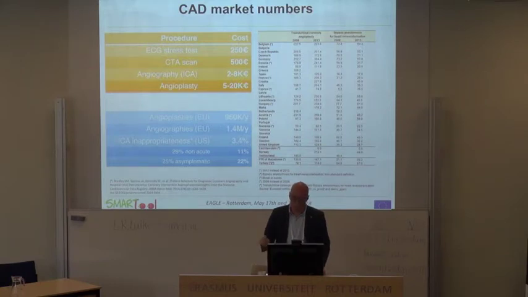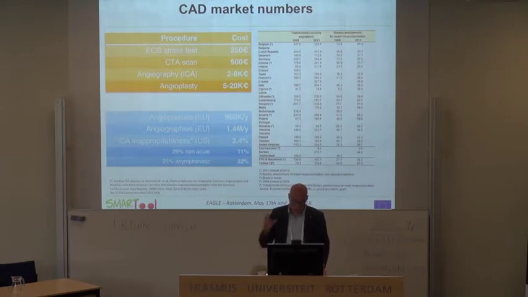That doesn't seem a big number, but when you compare the cost of a CTA scan that can rule out patients that don't need angiography to the cost of an angiography, you can see that this is a very big cost-saving opportunity here.